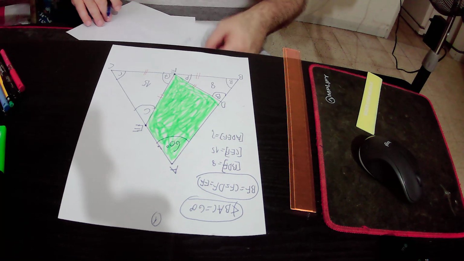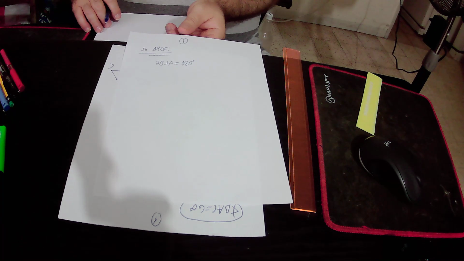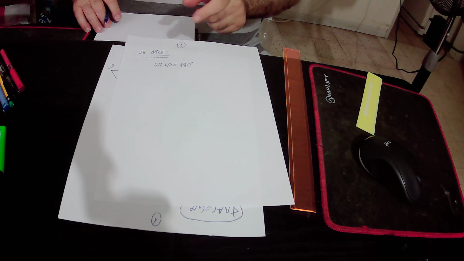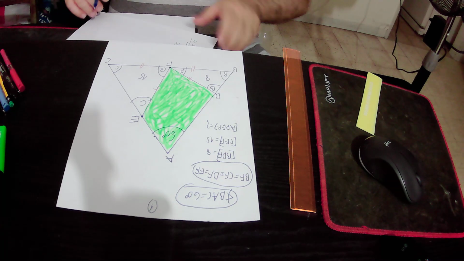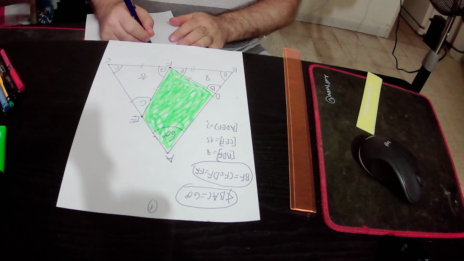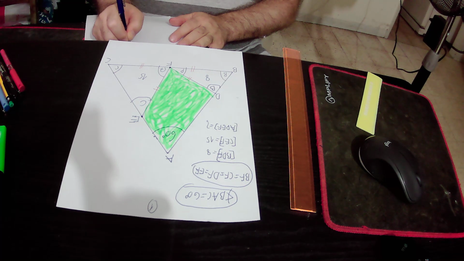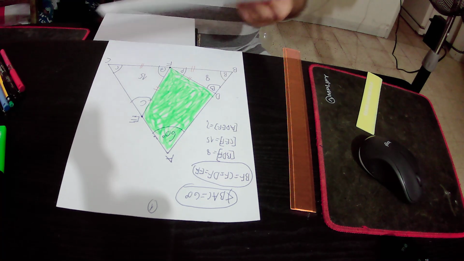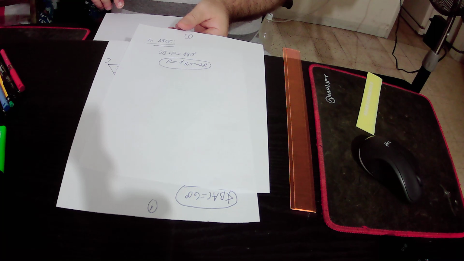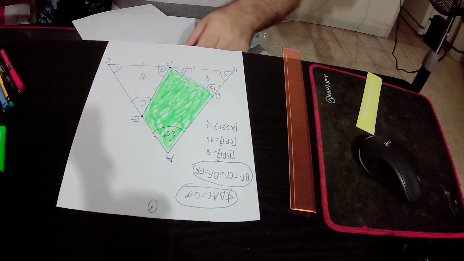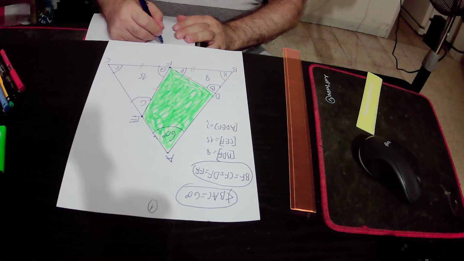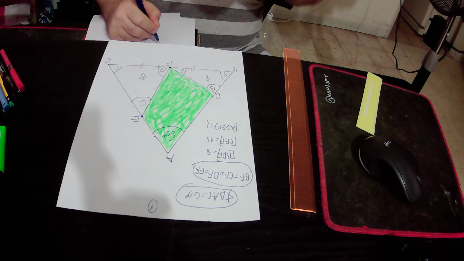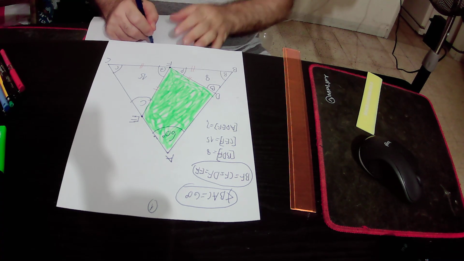Okay, so here we will subtract 2B from this equality, and we will get that P equals 180 degrees minus 2B. And the same thing is true in triangle FEC.